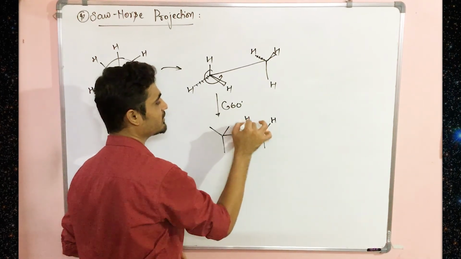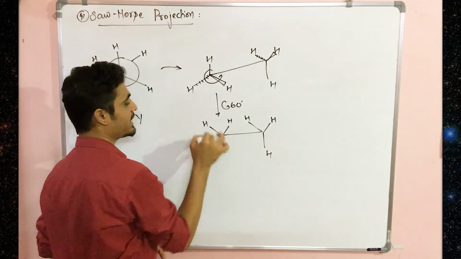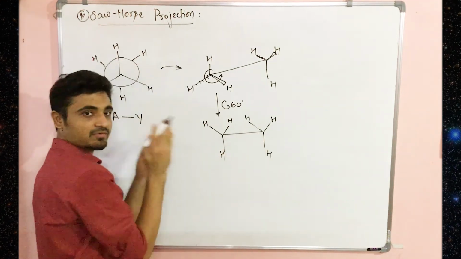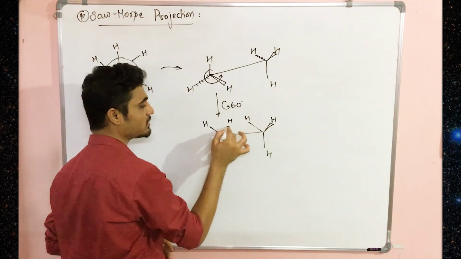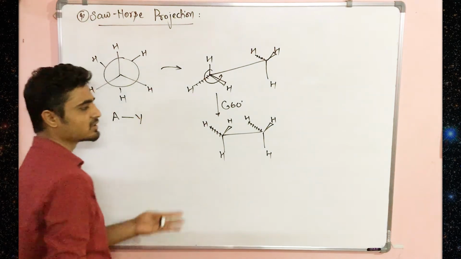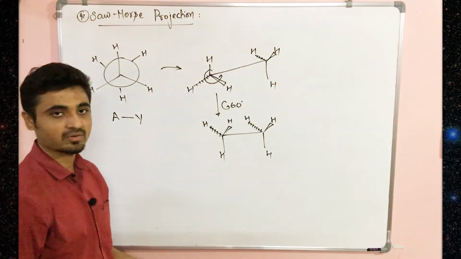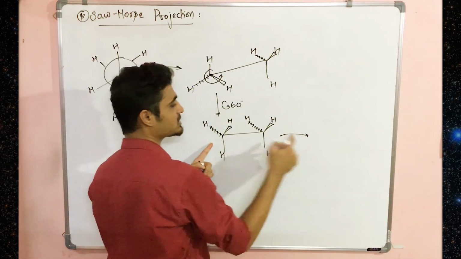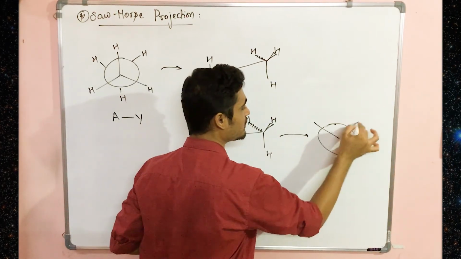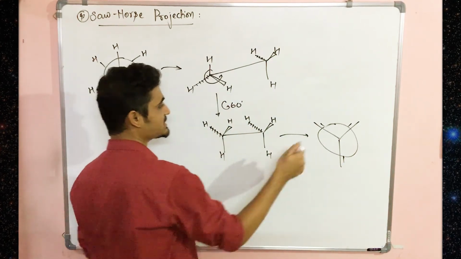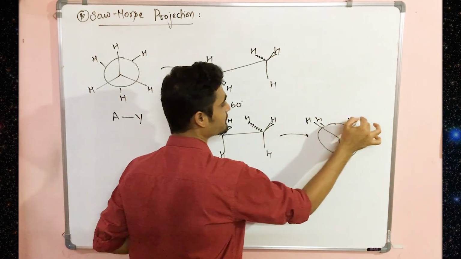Again, everywhere there is H, and you should understand that the bonds on the right hand side, when we were viewing it, are on the wedge and the other ones are on the dash. So this is YY, both are the same compound. And if I have to draw it in Newman, this is also YY, this is also YY. So first I will draw YY like this, and H, H everywhere, so I can simply put it.